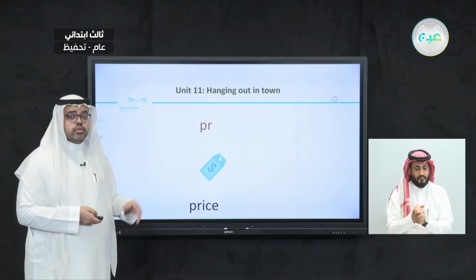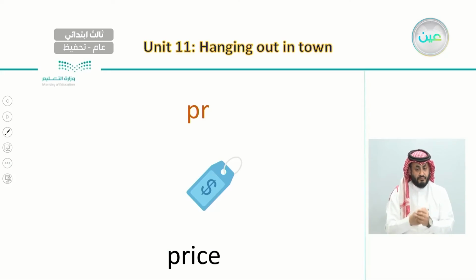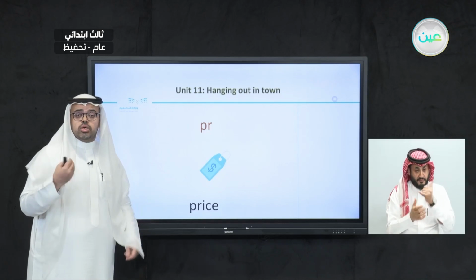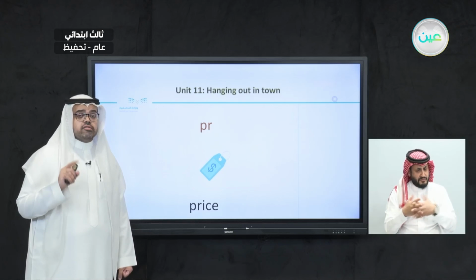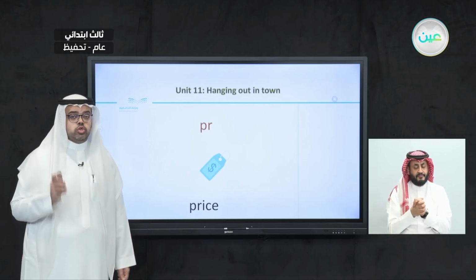And also the fourth one that starts with P and R is prize, prize. So these are 4 important words with the blend of P and R, and we said that it is important that we pronounce them as one sound unit.